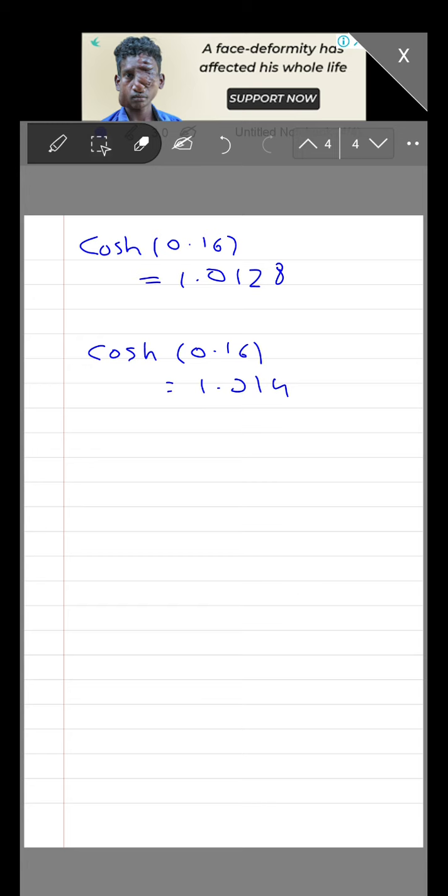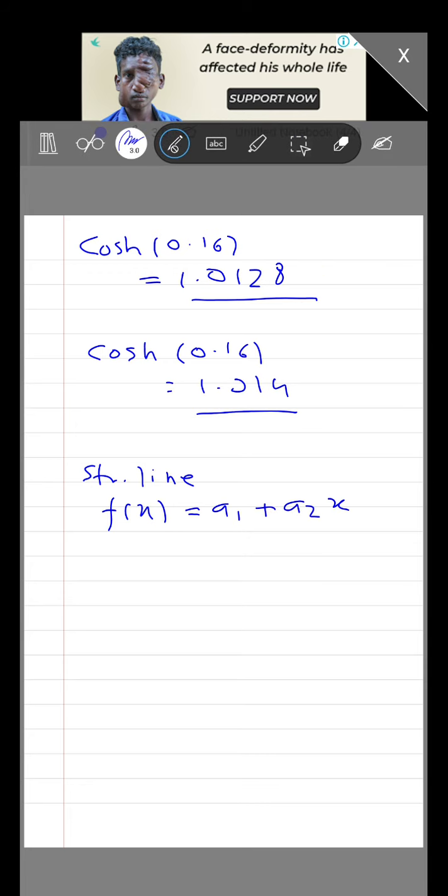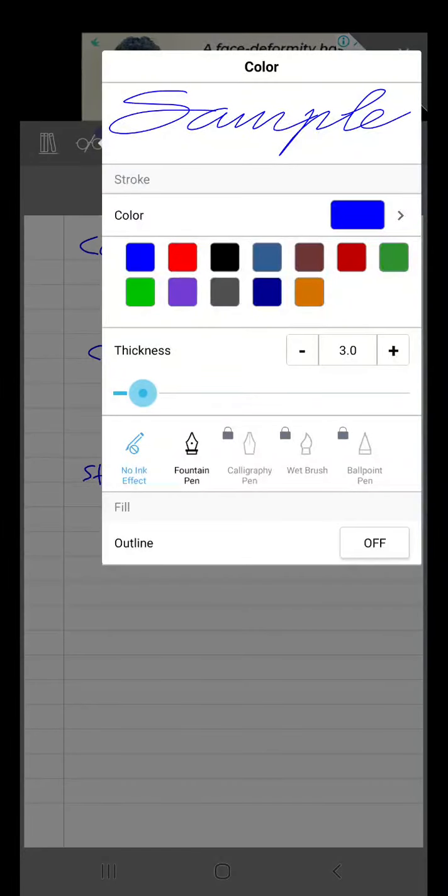These two values are quite close. Now this was using the straight line, that is f(x) is equal to a1 plus a2x, and this is called the first degree approximation.